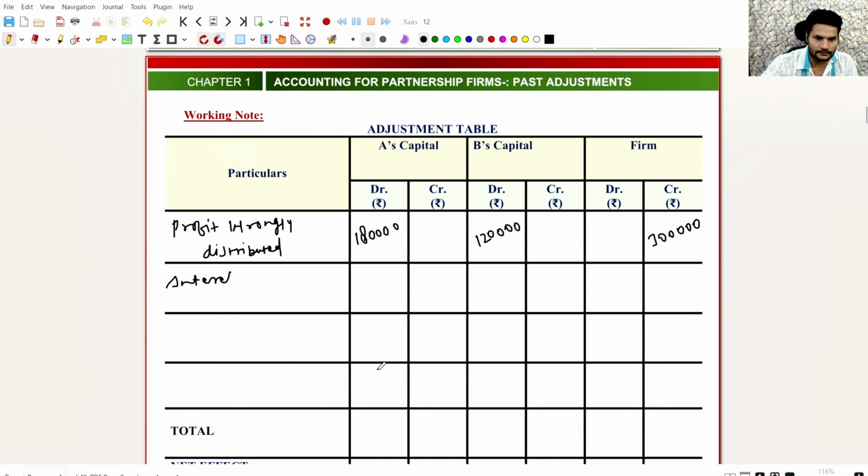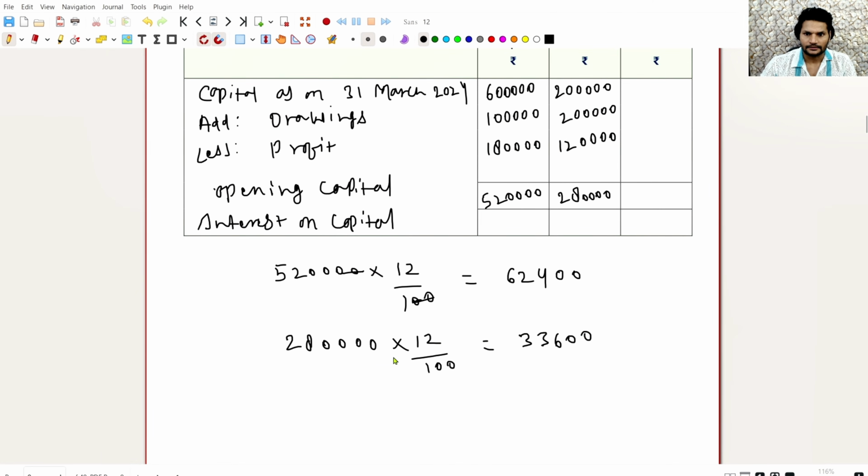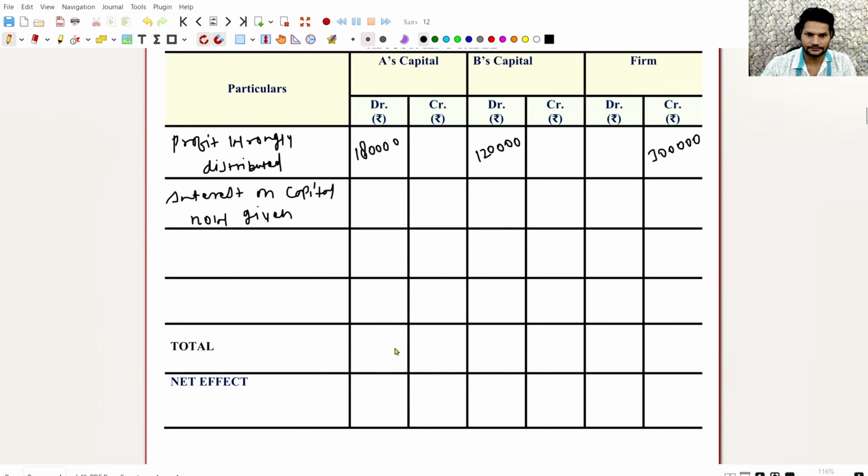So interest on capital, now given. What is the value of interest on capital? As we have already calculated, that is 62,400 and 33,600. Remember, we are allowing the interest on capital. In that case, partner's capital account will be credited and the same will be debited to firm account.